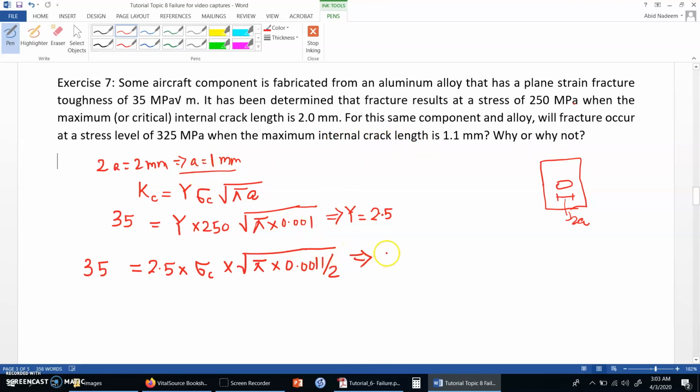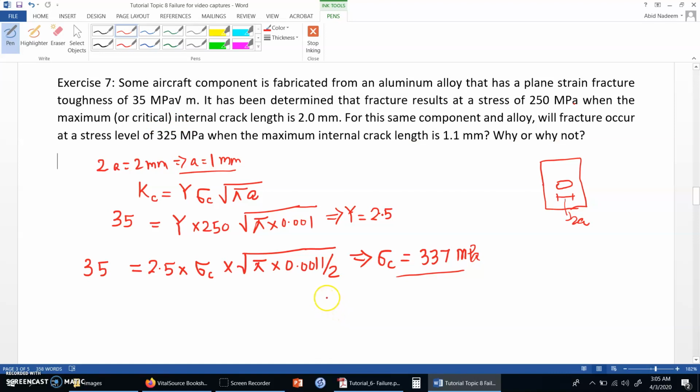So from here we can find the value of the stress needed for this crack to occur. I will calculate this value of stress. So sigma c over here will be 337 megapascal. So this 337 megapascal is the critical stress value, which is greater than the stress level of 325 megapascal.